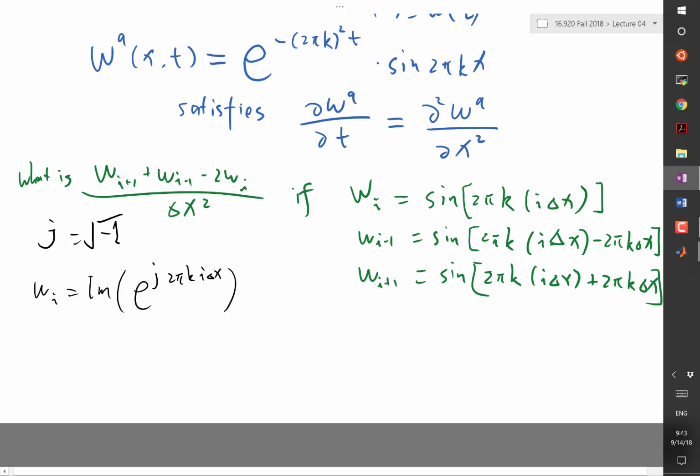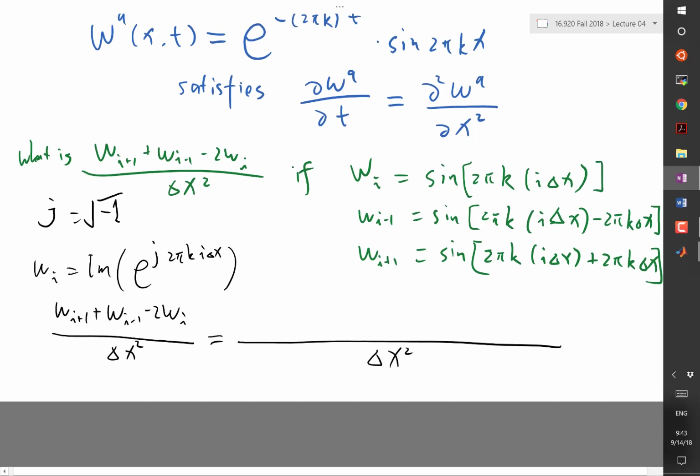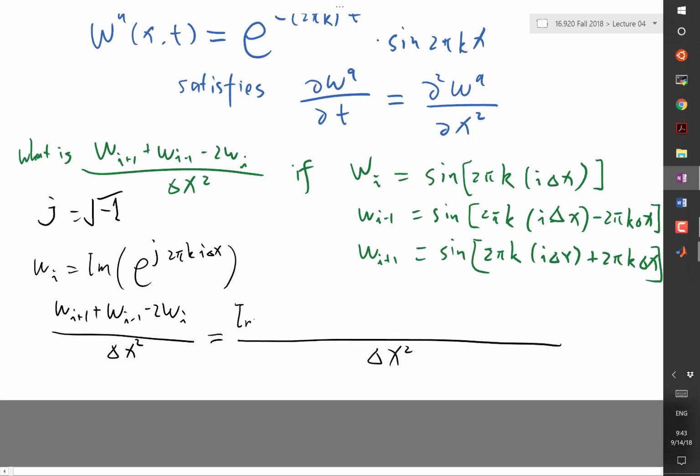Then our discrete operator, when operated on this analytical function, is going to be, let's write it down, delta x squared. We have wi, so all of them are the imaginary part of exponential functions. The first one has exponential of j, 2 pi k, I delta x, plus j 2 pi k delta x.